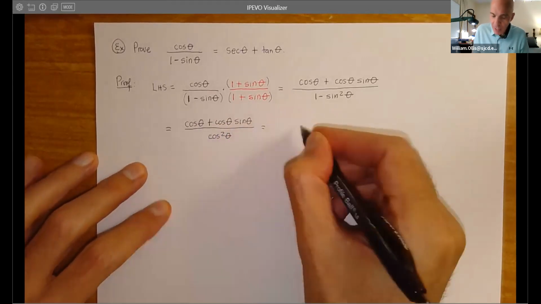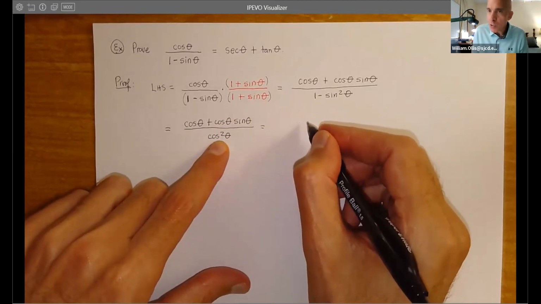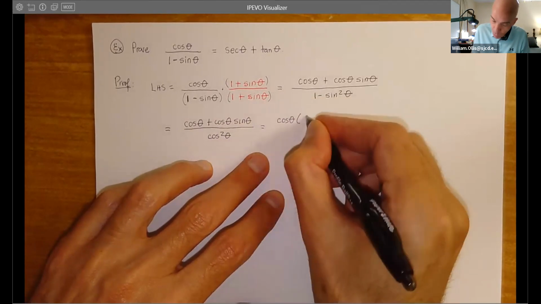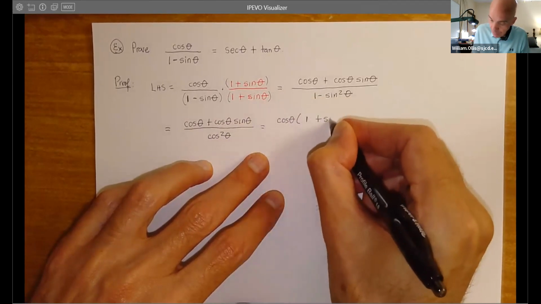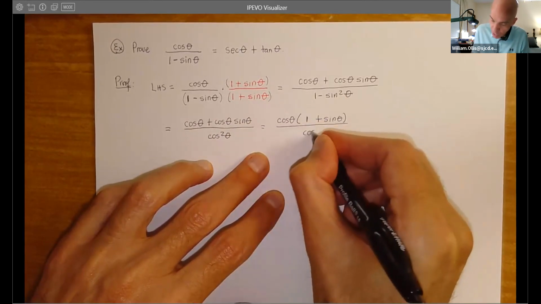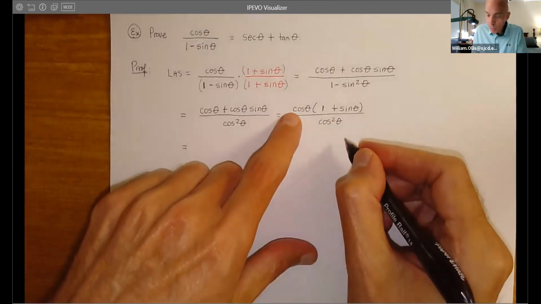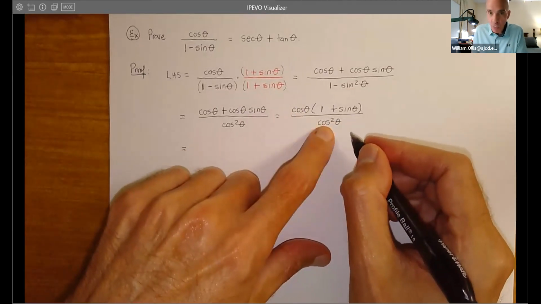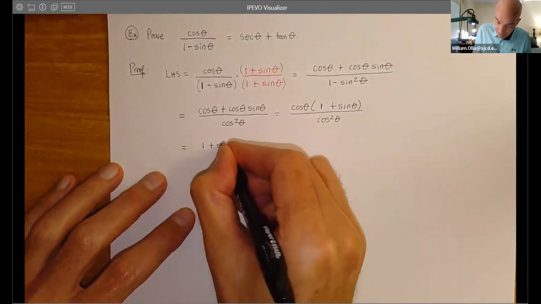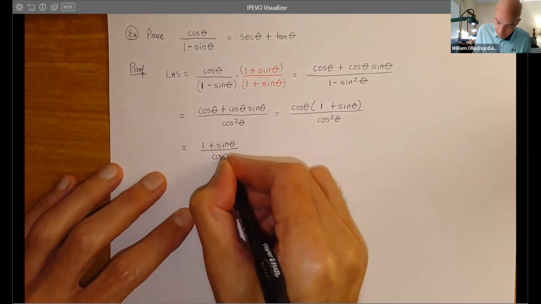So now you're thinking, okay, let's go ahead and factor the cosine upstairs to retire one of the factors of cosine in the denominator. So we have cosine theta times 1 plus sine theta divided by cosine squared theta. Of course now we can absorb this cosine into one of these factors, and this will give us 1 plus sine theta divided by cosine theta.